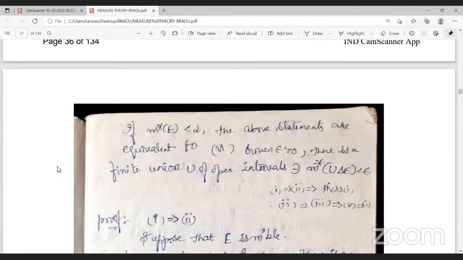For every given epsilon greater than 0, there is a finite union of open intervals such that finite intersection of open intervals such that. Okay now.